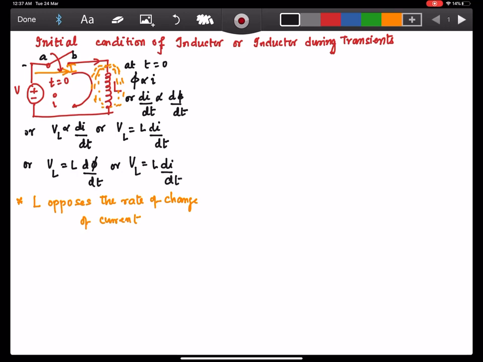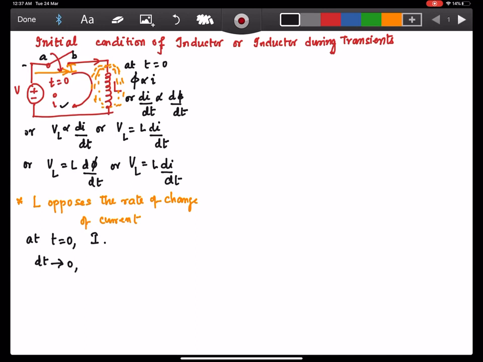Let us assume another case in which at t is equal to 0, a circulating current I is flowing in the circuit. Since this I is flowing in the circuit, we'll have dt tends to 0 at t is equal to 0.